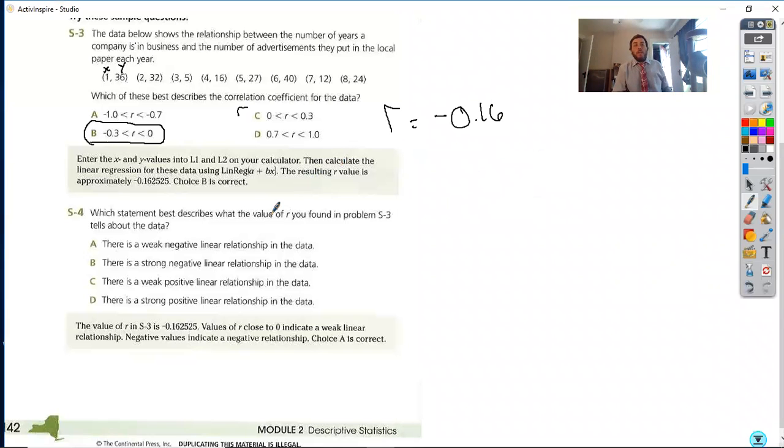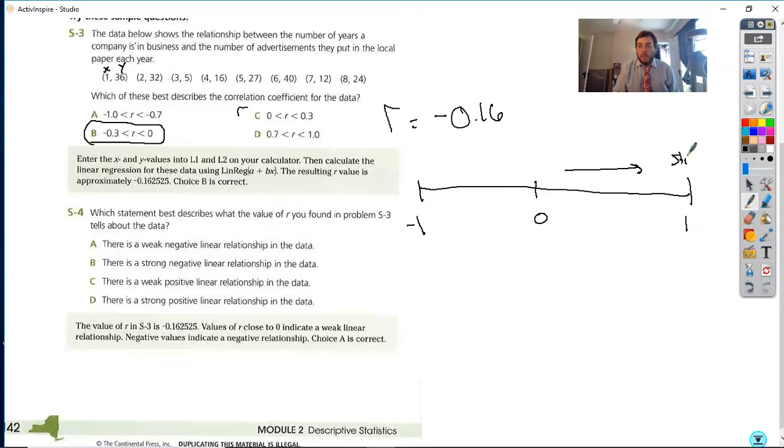So if we're looking back over here, it says, which statement best describes what the R value you found in this problem tells about the data? So remember, we have our range in R values. They go from -1 to +1 with 0 in the middle. The closer we are to the outside, the stronger the relationship.